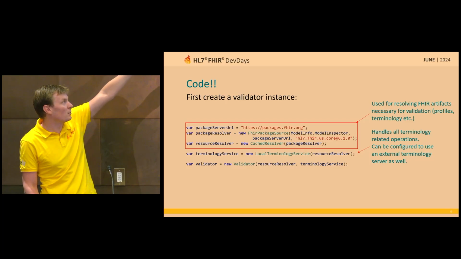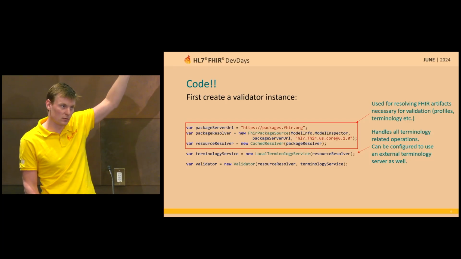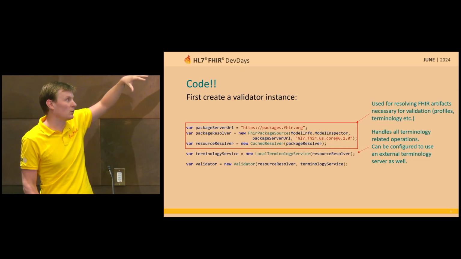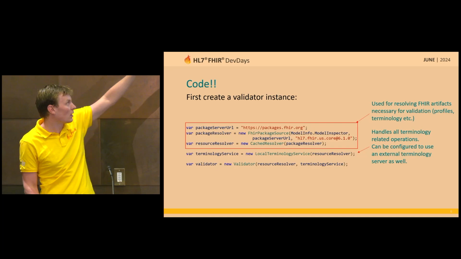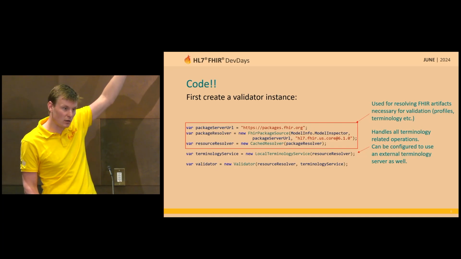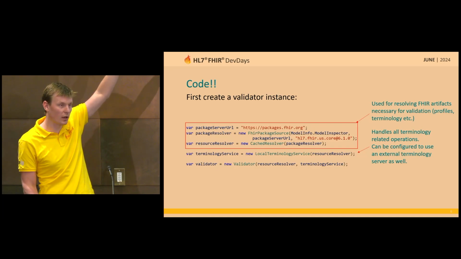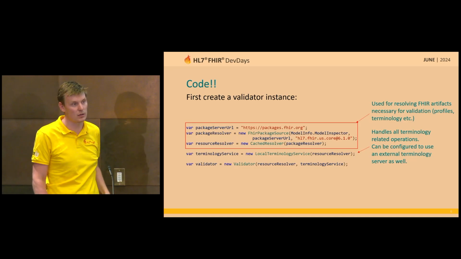And you can define multiple packages there as well. So if you want to be able to resolve 5.1 or 5.0.1 inside of it as well, it will widen its scope. So it will try to resolve the canonical URL from your resource inside of that scope. And if you can't find it, you will need to define another scope so we can actually find it.